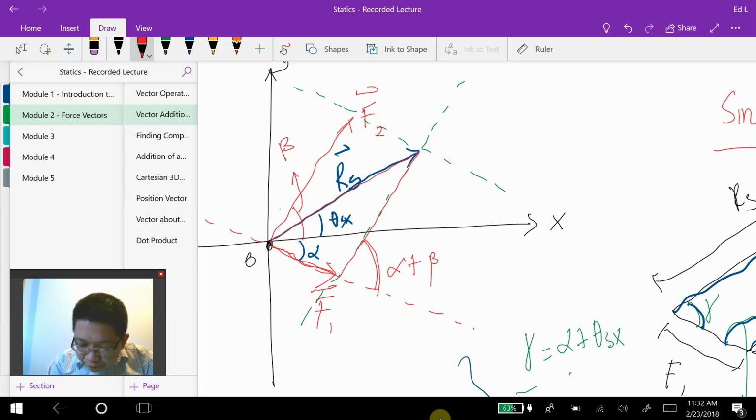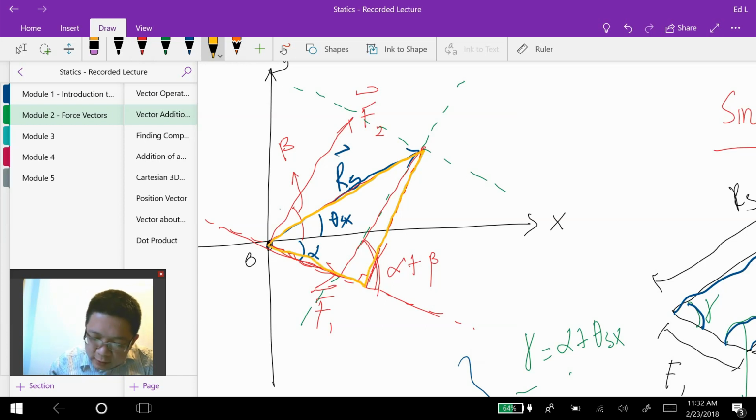And I know that alpha plus beta is 75 degrees, such that I can form another triangle by drawing a perpendicular line from this point to the line of action of F1 right here. And this is a perpendicular angle, such that the right triangle that I observe right now is basically this one. Do you guys see it?